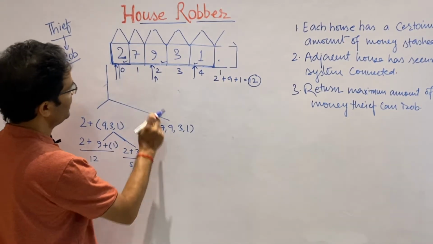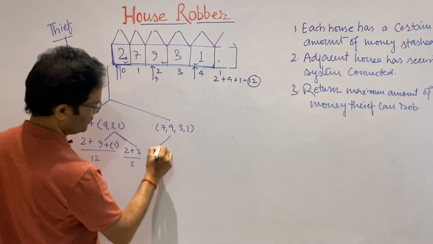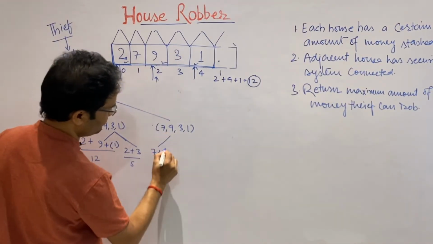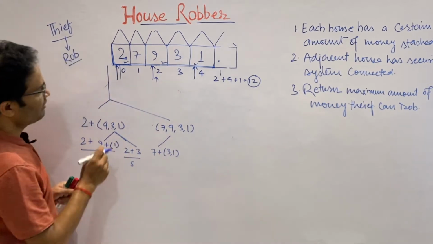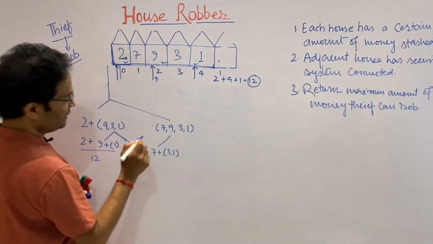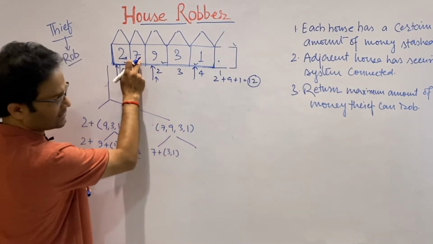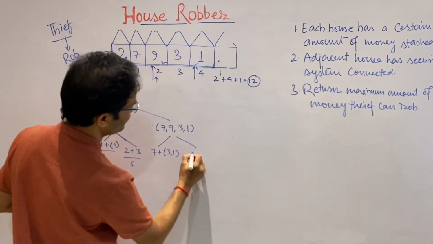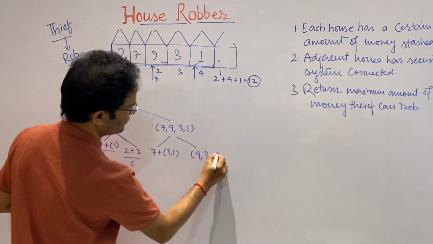Now here, if we start from the 7, if they take the 7, they have different options, 3 and 1. They cannot take the 9. If they will not take the 7, what other option do they have? They still have the options 9, 3, 1.